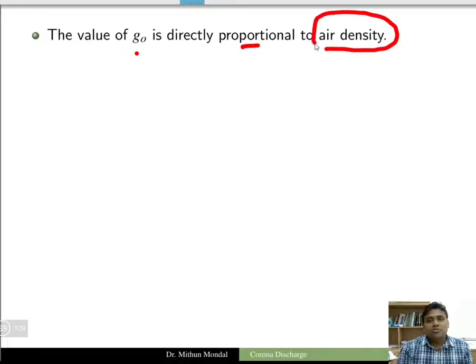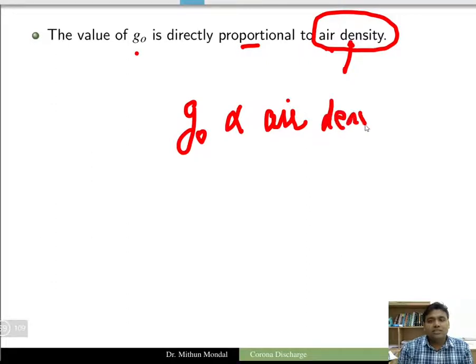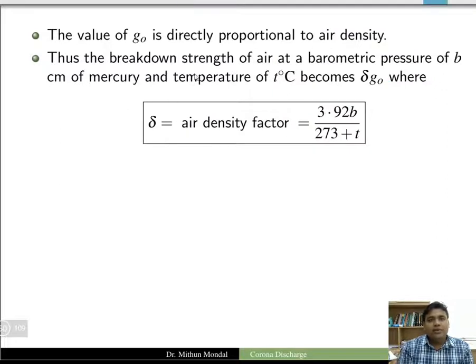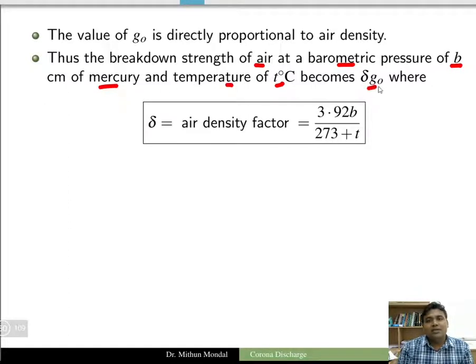So when the atmospheric condition changes, the air density will change, and the G naught value, which is proportional to the air density, will change. Thus the breakdown strength of air at a barometric pressure of b centimeter of mercury and temperature t degree centigrade becomes delta G naught, where delta is the air density factor.